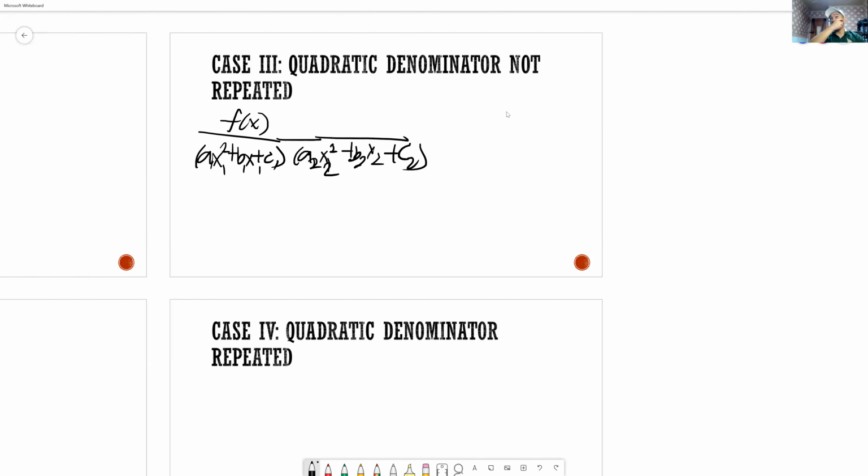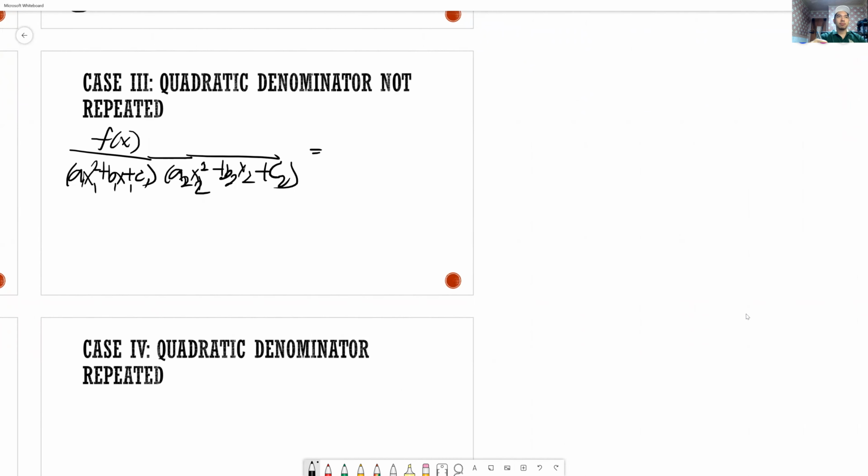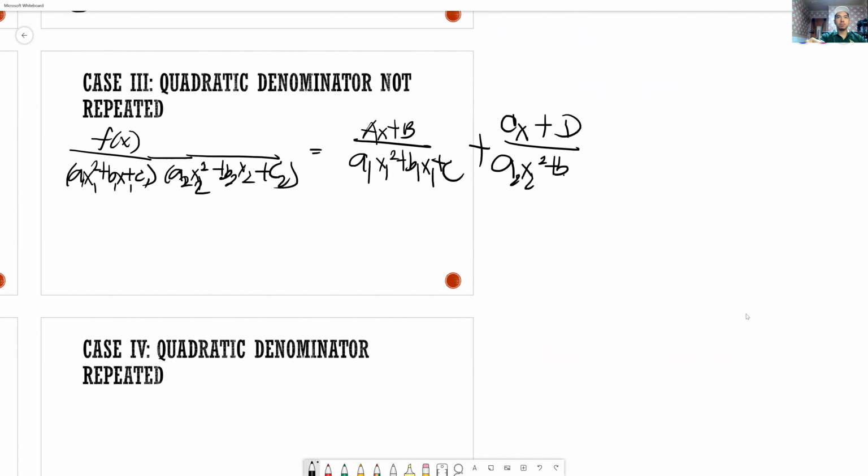So just like what we did with the linear, it would look like this. Instead of a single coefficient, the numerator now becomes a linear function. So that would be ax plus b over a1 x1 squared plus b1 x1 plus c1, plus cx plus d over a2 x2 squared plus b2 x2 plus c2.